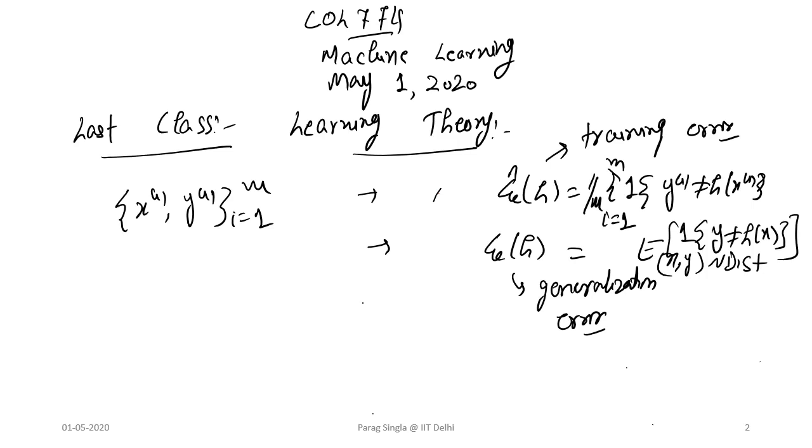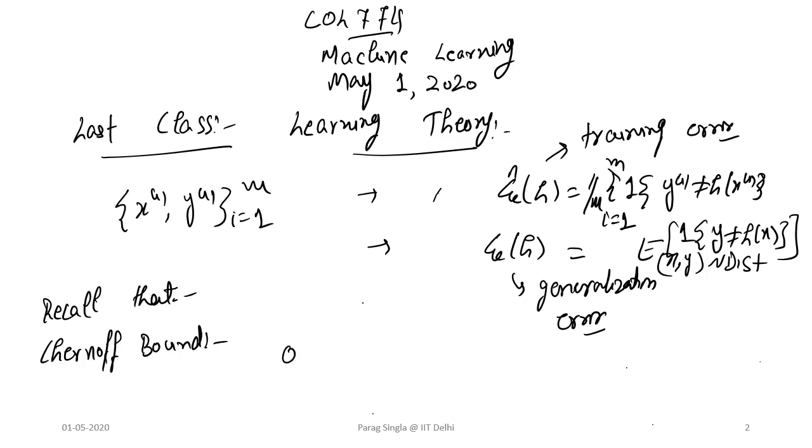Recall that we used what is referred to as the Chernoff bound, which was over an estimate of the Bernoulli parameter.